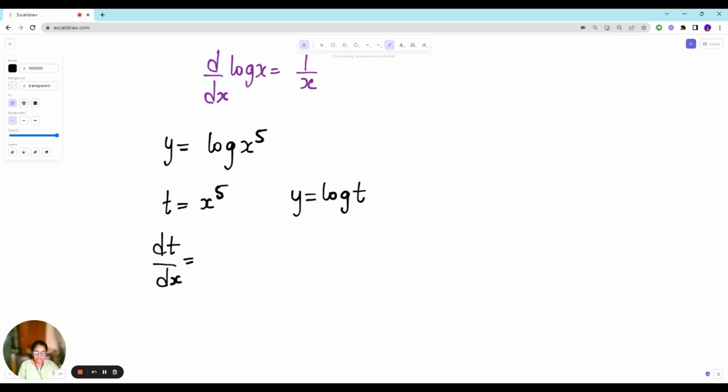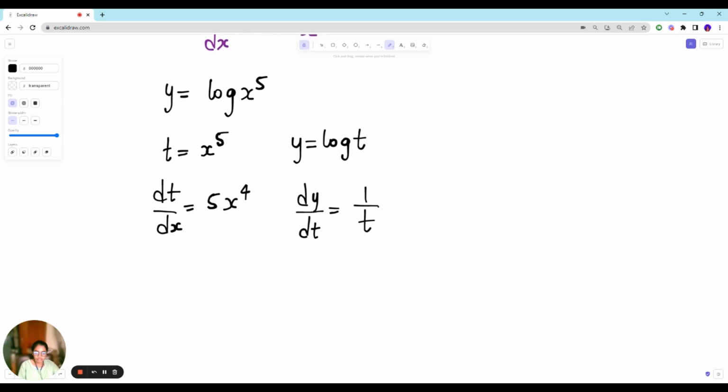Dt by dx is equal to 5x to the power 4. What is dy by dt? Dy by dt is nothing but 1 divided by t. What is the last step in the chain rule? I have to write dy by dt into dt by dx. Why? If dt and dt get cancelled, I would get dy by dx.